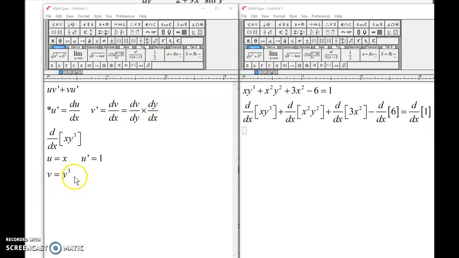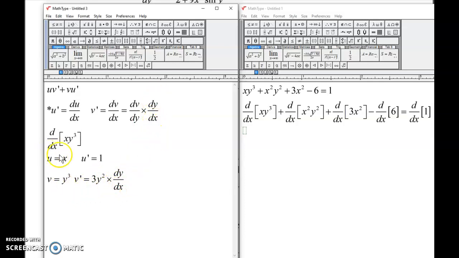So dv over dy will give us 3y squared times dy over dx. We don't have that information for dy over dx, so we just write it back. 3y squared times dy over dx.